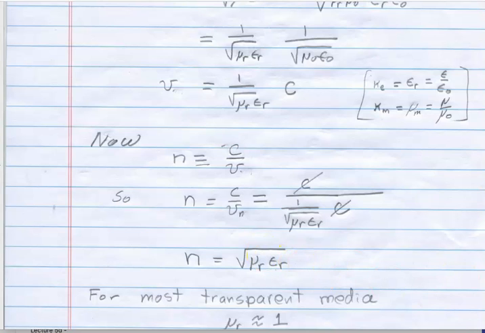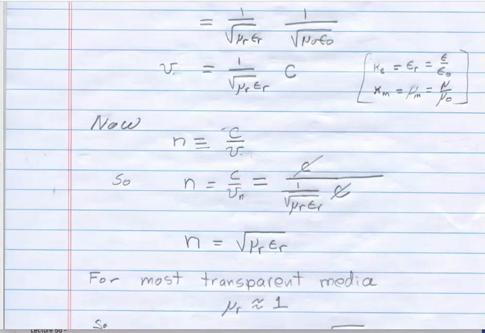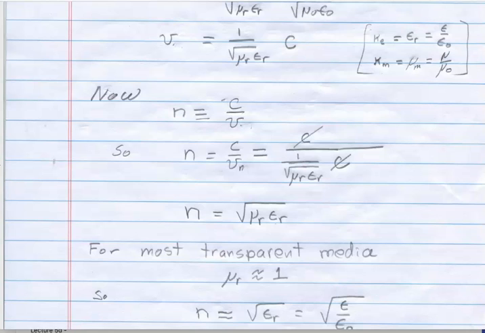And those were subsequently confirmed. As a result, because of its prediction that electromagnetic waves traveled at the speed of light, especially once they found the index of refraction matched up with light in various media, it was natural to posit the theory that light was an electromagnetic wave.